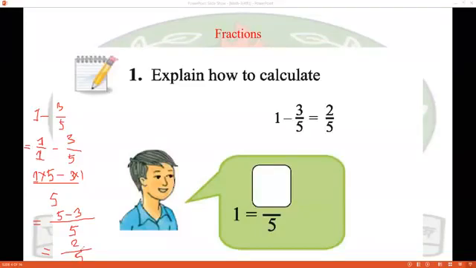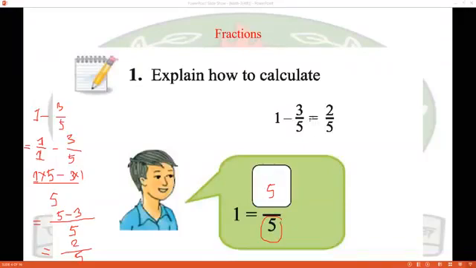Another way you can solve it: how can we write 1 as a fraction in which the denominator is 5? It is possible this way: you write 5 here. When a fraction's numerator and denominator are the same, you get 1. Why do we use the denominator 5?